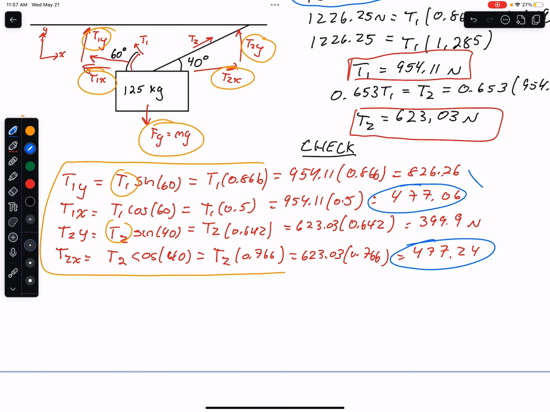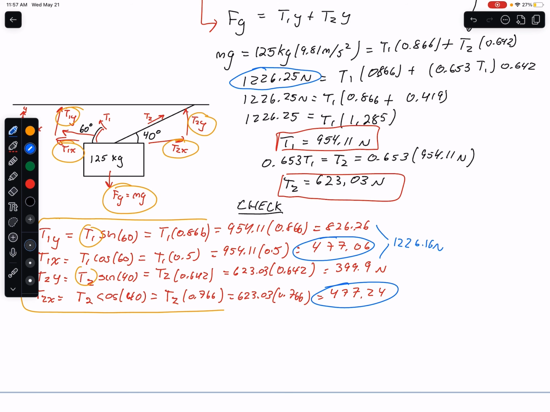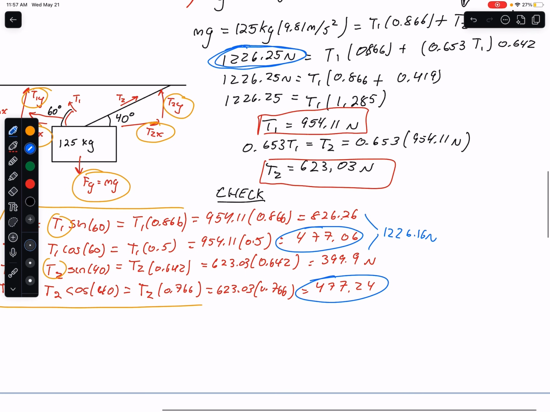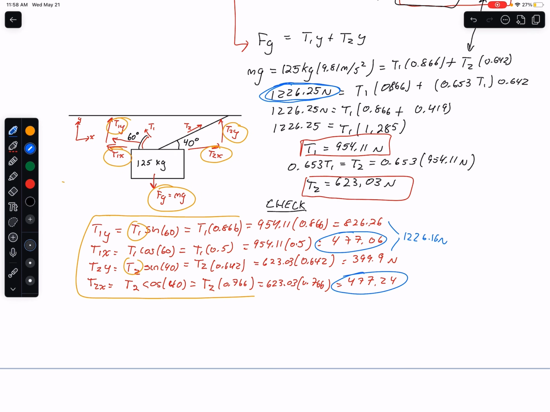And when I add together our T1y and our T2y, we get 1,226.16 newtons, which is very close to our original mg calculation of 1,226.25. These are likely just rounding errors as to why they don't line up perfectly. So this means that our T1 and our T2 are correct, and all of our work we did was also correct.